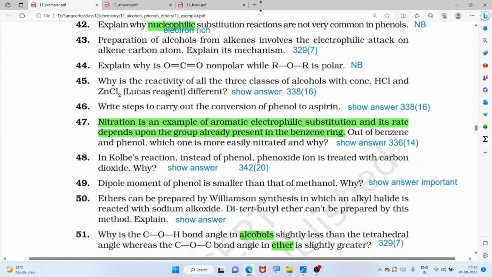Explain why carbon dioxide is non-polar, while the other molecule has a net dipole moment. Carbon dioxide is a linear molecule. The dipole moments in this direction and this direction cancel out, so the net dipole moment is 0 here.